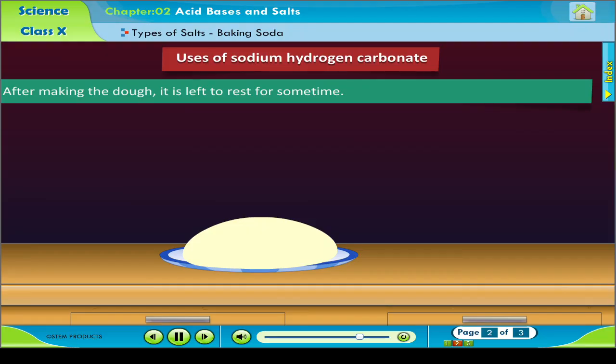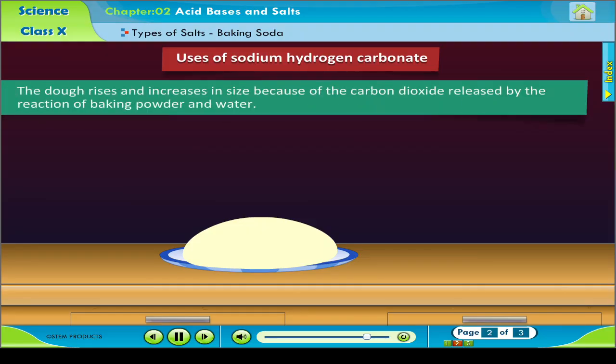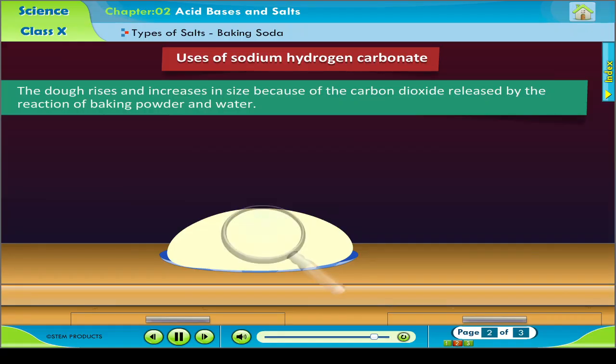After making the dough, it is left to rest for some time. The dough rises and increases in size because of the carbon dioxide released by the reaction of baking powder and water.